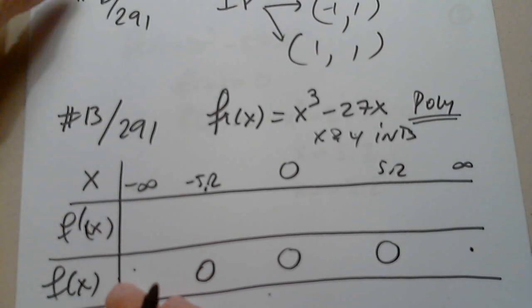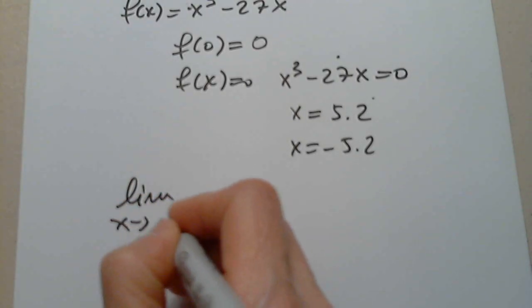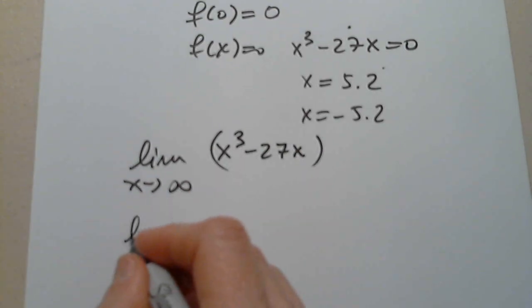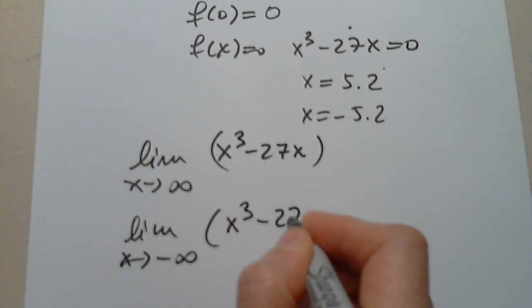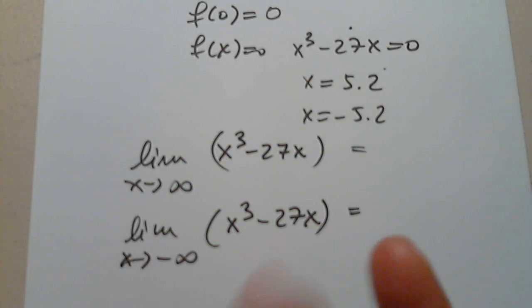Now the limits. Very simple. Very easy to find the limit as x approaches infinity of x cubed minus 27x, and the limit as x approaches negative infinity of x cubed minus 27x. Let me refresh your memory. You can also do this with a calculator, but it's too simple.